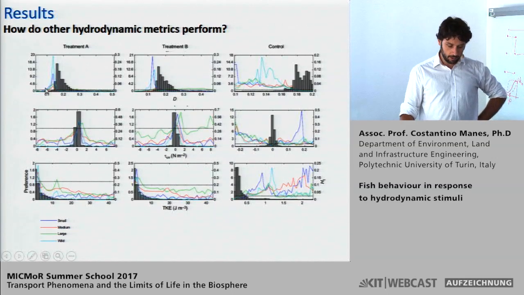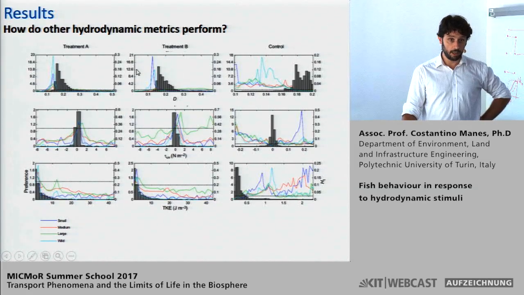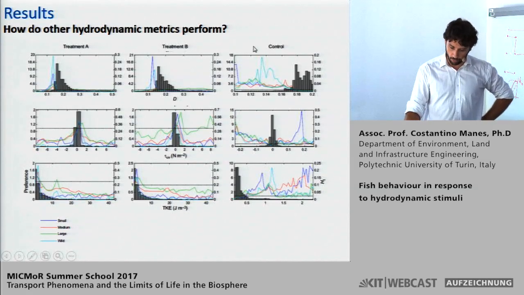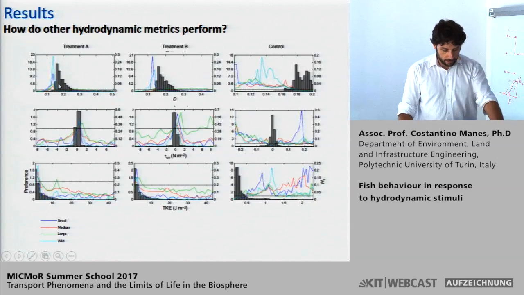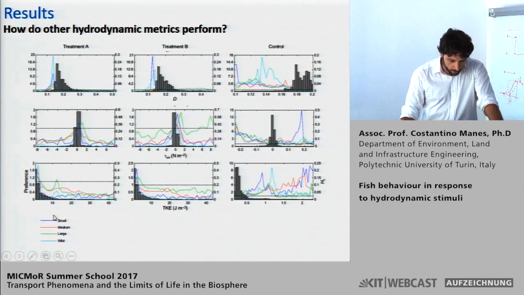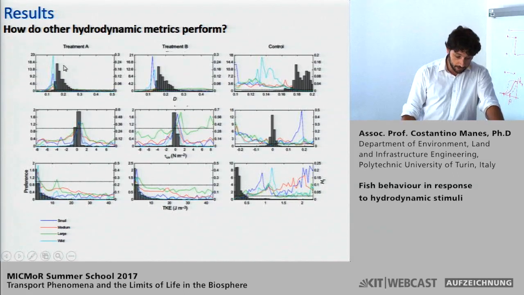You can see there are quite spiky and well-defined peaks, defining a clear preference of the brown trout in both treatments, meaning that there seems to be no influence of cylinder configuration, and also in the control case. Preferences are quite high, especially for the small trouts and the wild trouts, which were mixed.